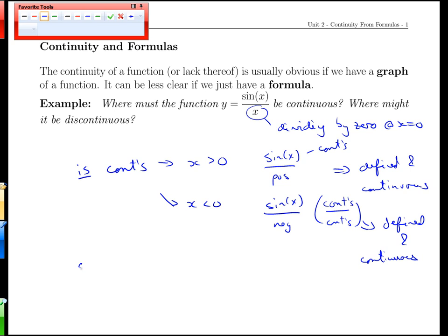However, we could have a discontinuity at x equals 0. What our analysis shows then is that everything's dandy for x positive, everything's dandy for x negative in terms of continuity, but at 0 there might be something suspicious happening, and that's what we're going to explore next.